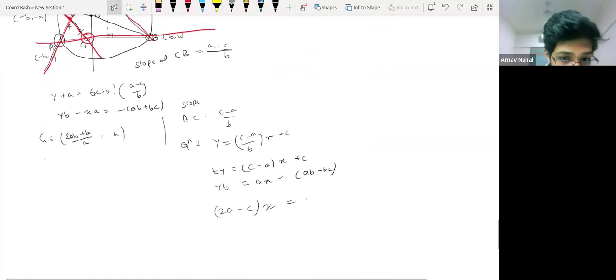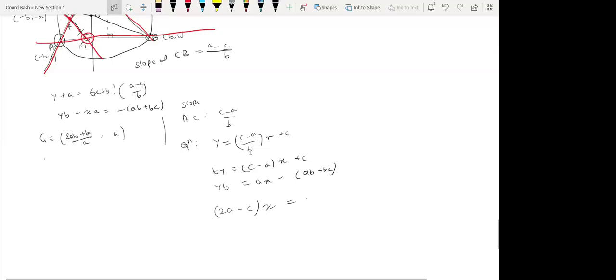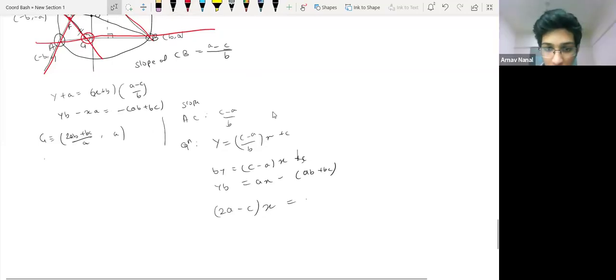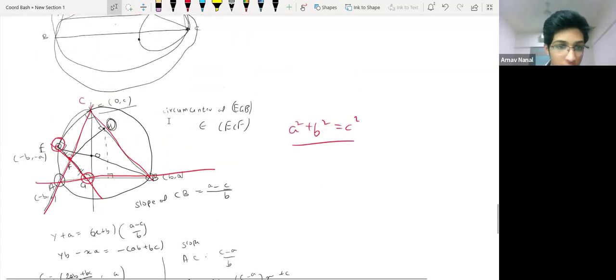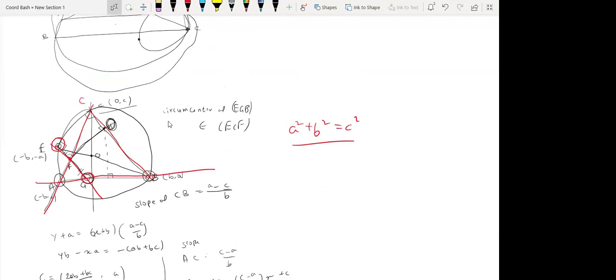But how do we fulfill the other condition of H being the circumcenter? Yes, it is my bad, this is plus C by the way. So what I intend to do is, if you show F is the midpoint, you will show one thing. Then you draw this perpendicular bisector, intersect with this, and if you show that the x coordinate of this is the midpoint of the x coordinates of B plus G, you will be done.